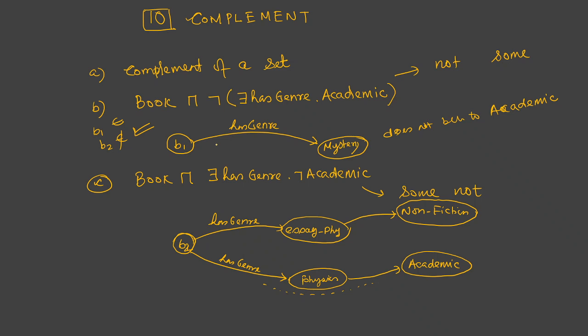So B1 will come as output. B1 will belong to this. Now let us check this. B2 has one genre, say essays in physics, and that is non-academic, right? So in that sense, B2 will also belong to this particular statement. Let us have a demonstration of this.